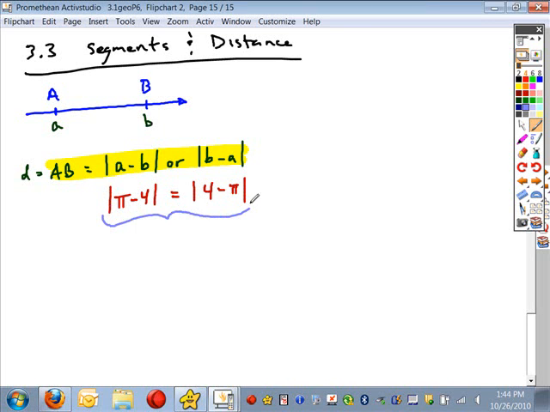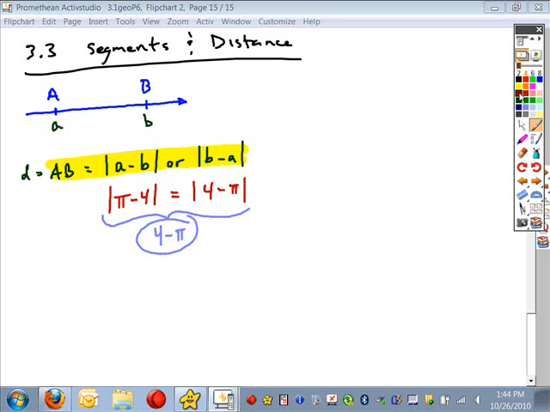Which of these options inside the absolute values would give you a positive number? Pi minus 4 or 4 minus pi? 4 minus pi. So when you simplify this and rewrite it without absolute values, the absolute value of pi minus 4 simplifies into 4 minus pi. So you can evaluate that without a calculator.